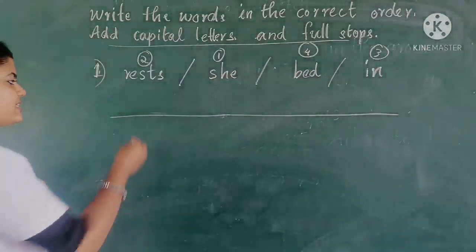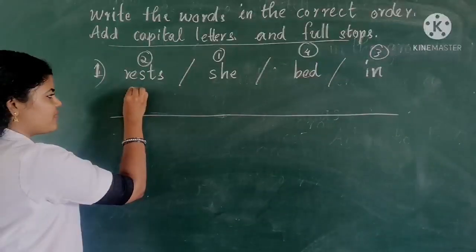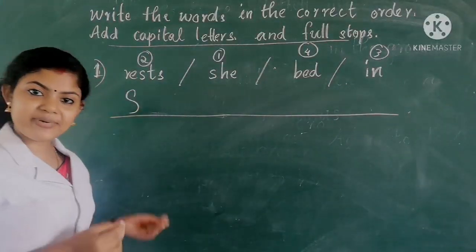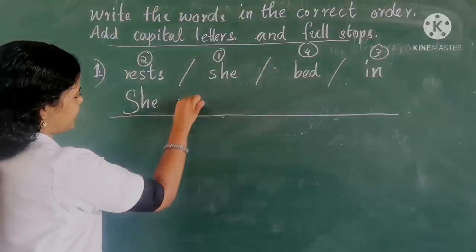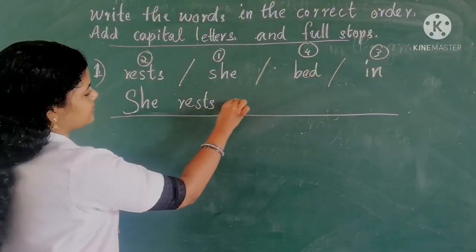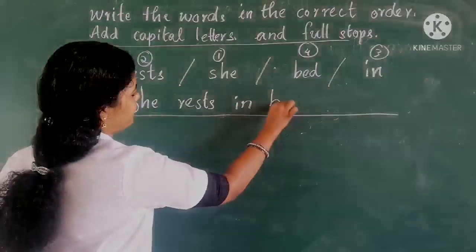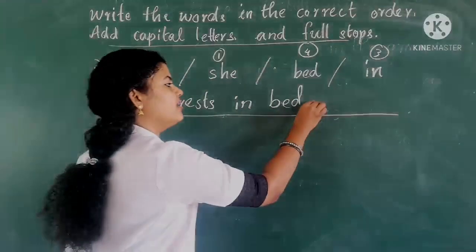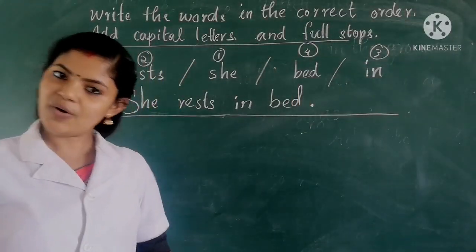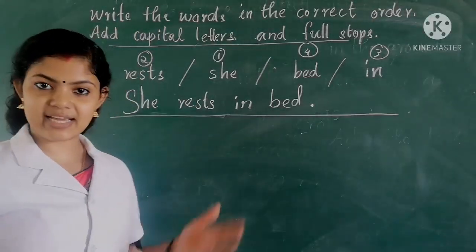How we can write it? Yes, first we have to write the capital letter. Yes, she rests in bed. And end of the sentence we have to give the full stop.